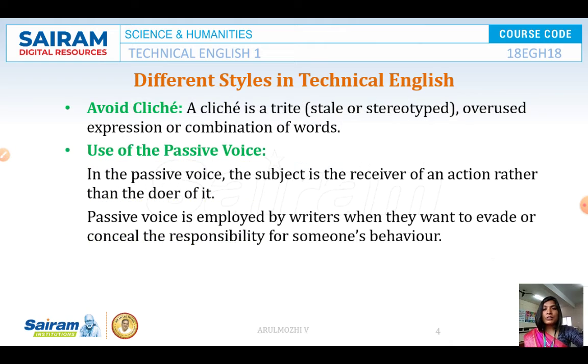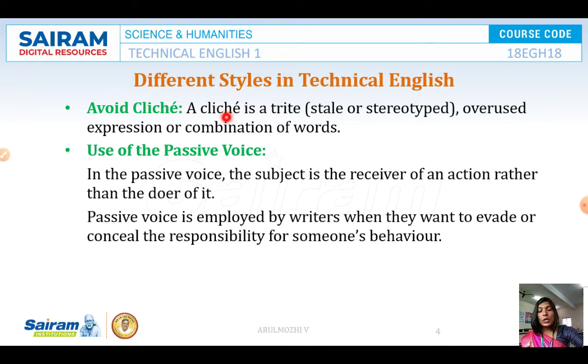Now let's move on to the next one, that is avoid cliche. What is a cliche? A cliche is an old expression. Most of the time a cliche is trite. What is trite? It is a fake identity. It loses your originality.